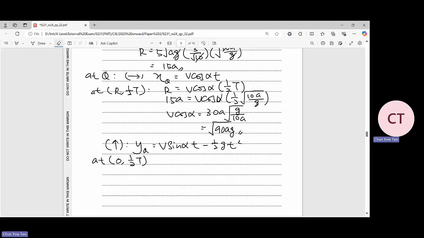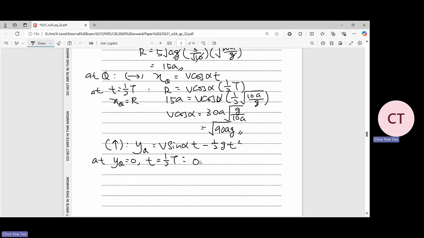Sorry, I shouldn't say this. This one is at t equal to half t, and the x Q is R. I was supposed to say it like this. So y Q equals 0, and your t is still half t.